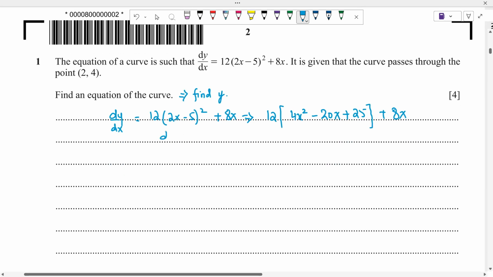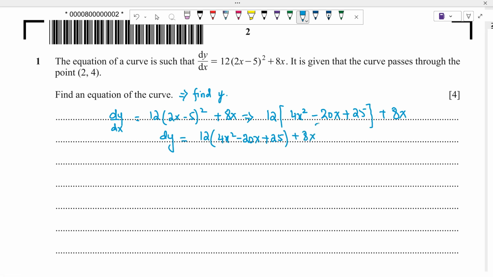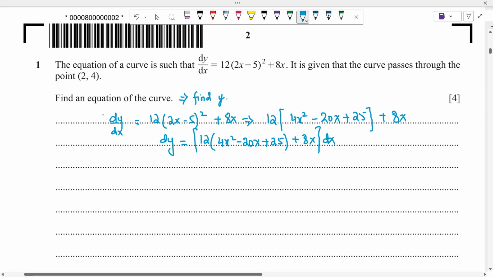Then dy is equal to 12 times (4x squared minus 20x plus 25) plus 8x, and dx will be moved to the right side. To find the equation of the curve means we need to find y. So y can be calculated by applying integration.